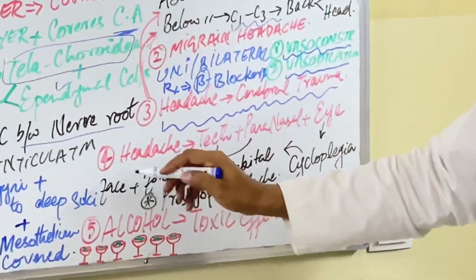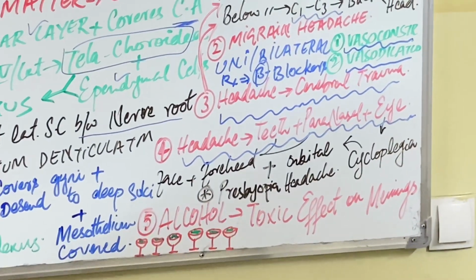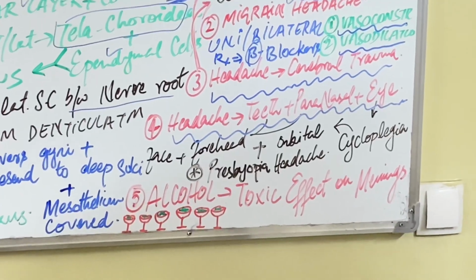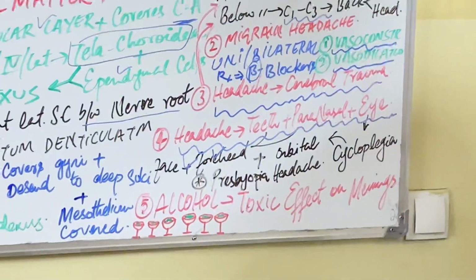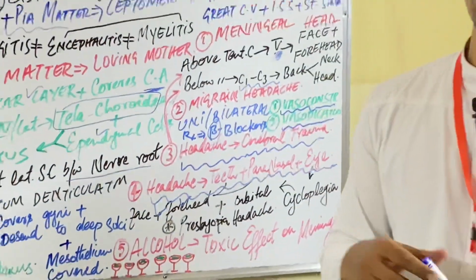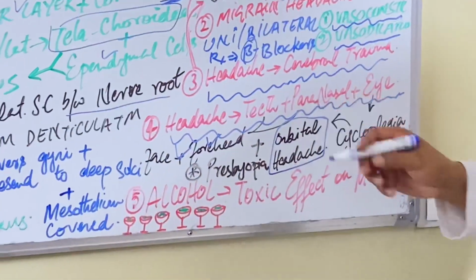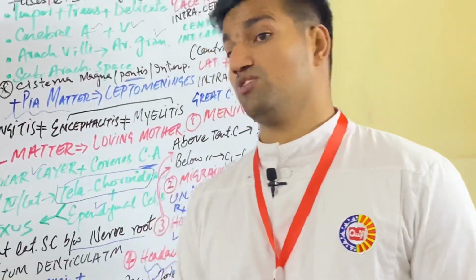Then we have headache due to teeth and paranasal sinuses. Teeth and paranasal sinus headache will be at the face and forehead. In the eyes, due to spasm of the ciliaris muscle, called cycloplegia, there will be orbital headache, and it can also happen in patients who are not using lenses for presbyopia.